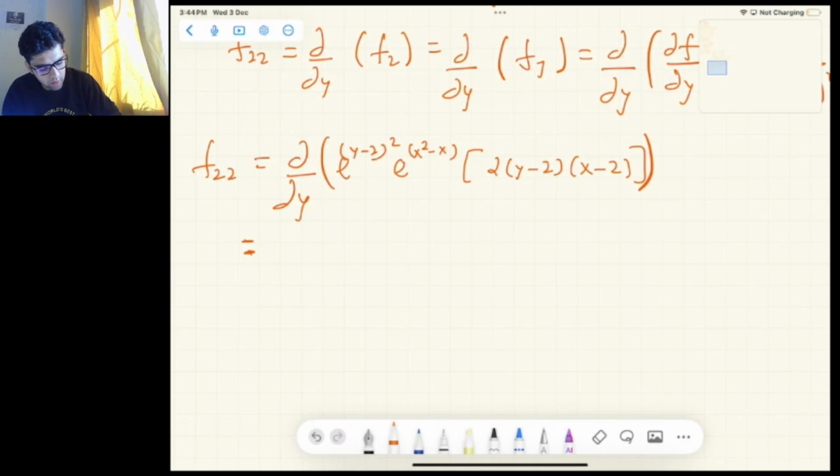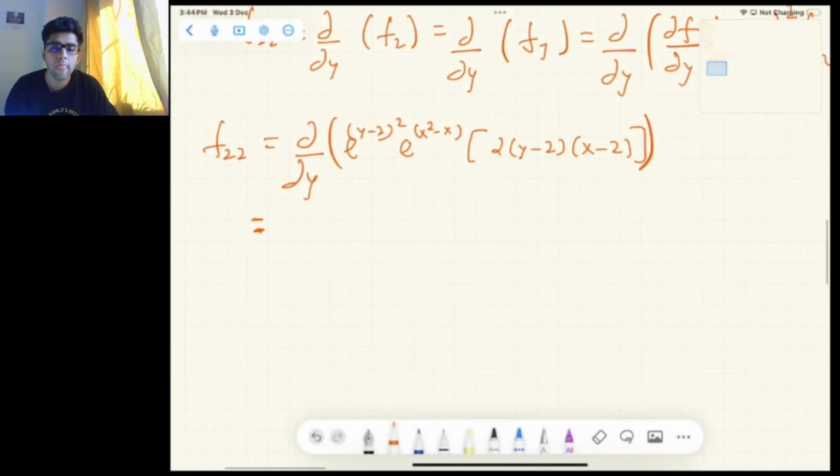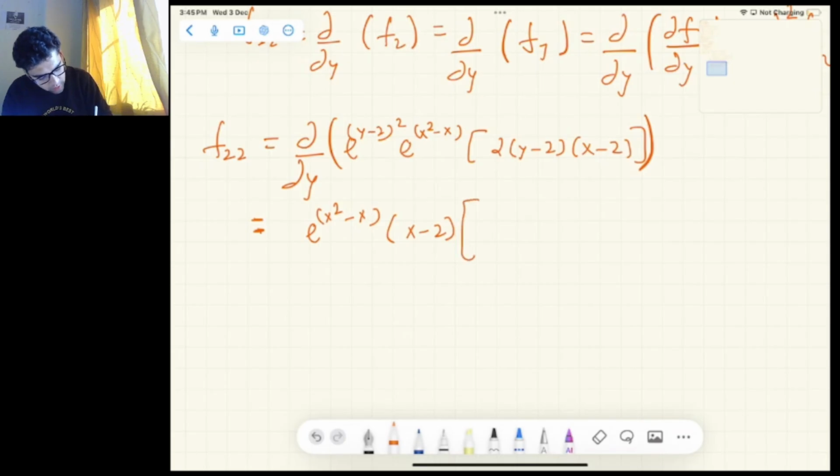So now I need to just differentiate this. So e to the power x square minus x and x minus 2 are constant, so they come outside.